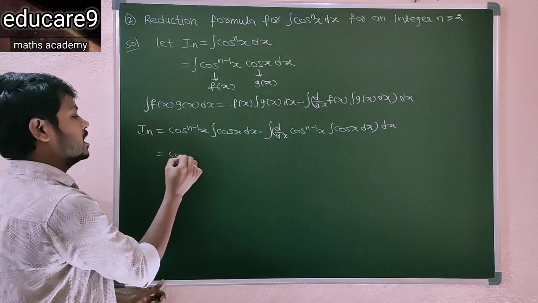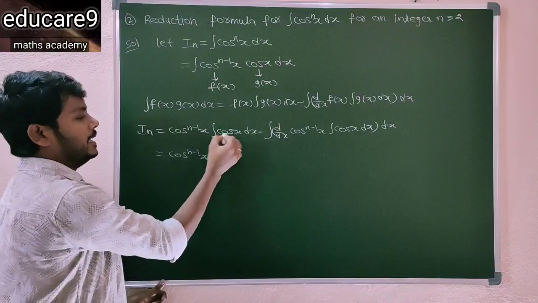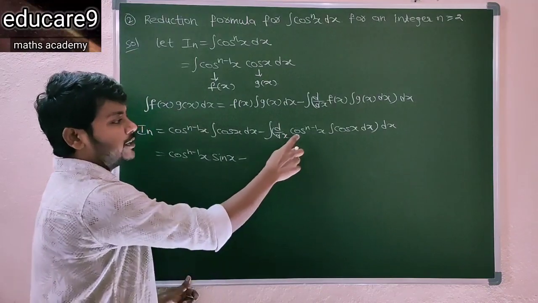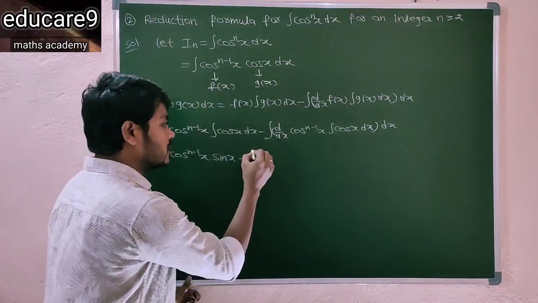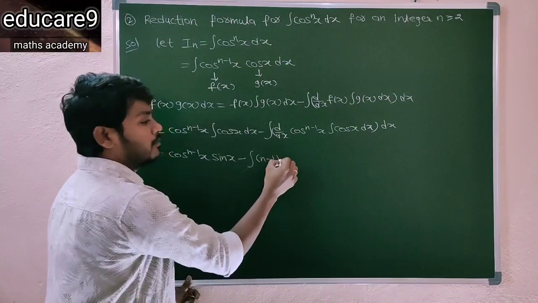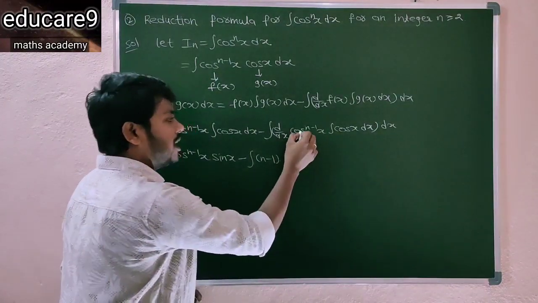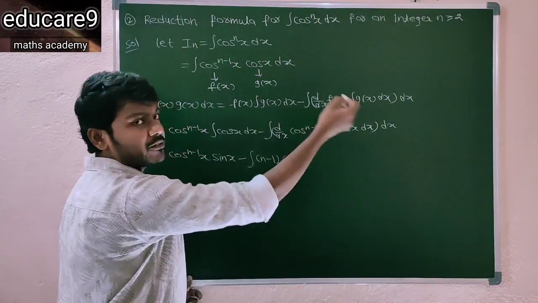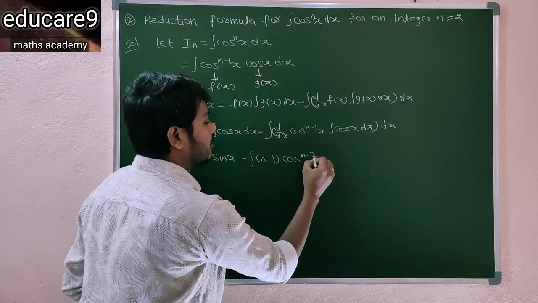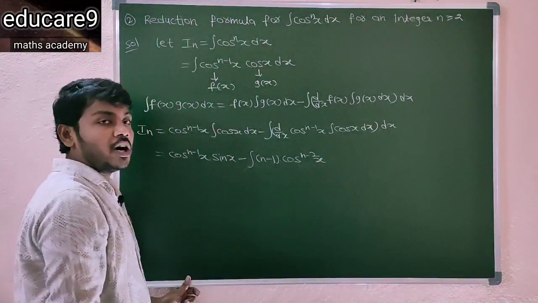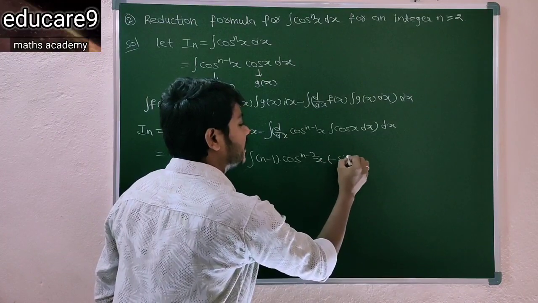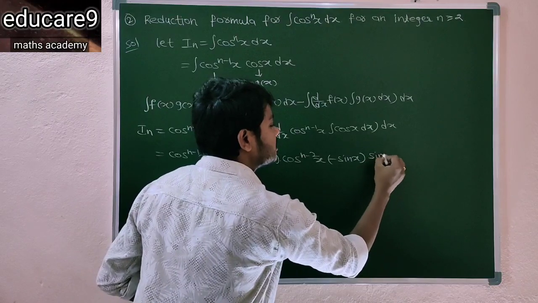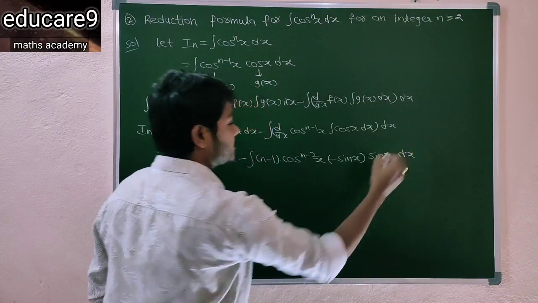Now this is cos^(n-1) x times integration of cos x, that is sin x, minus the derivative of f(x) whole to the power n. So what is that? (n-1) into f(x) whole to the power (n-1), that is cos^(n-1-1), so you will get cos^(n-2) x. The internal derivative of cos x is minus sin x, into integration of cos x, that is sin x dx.